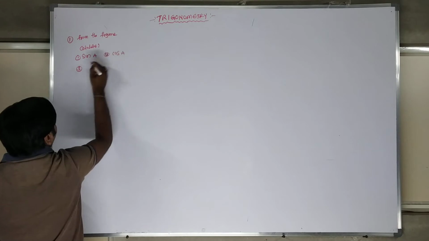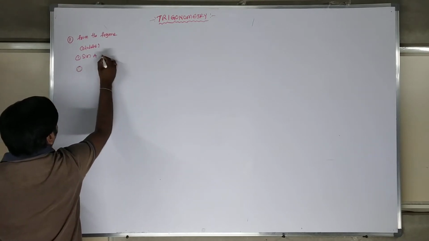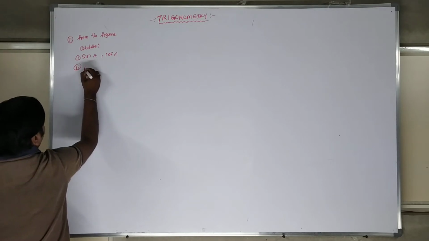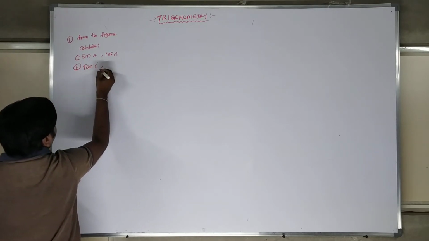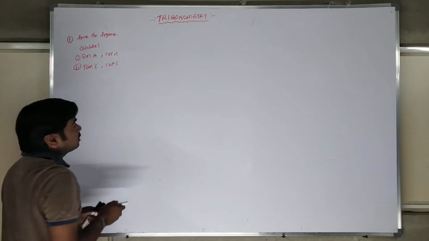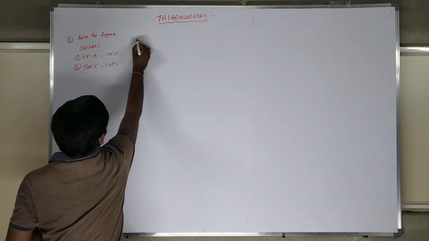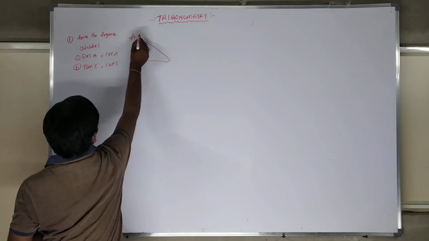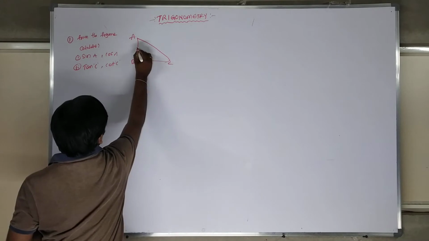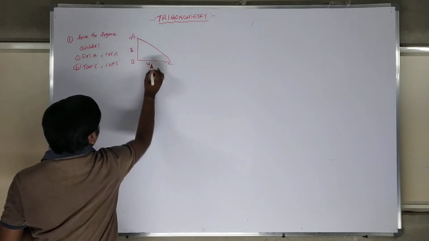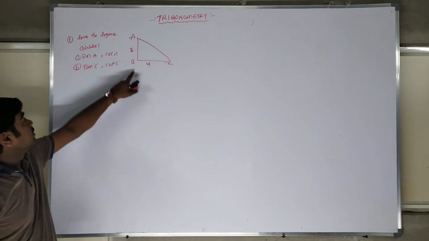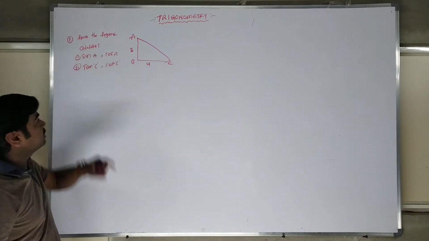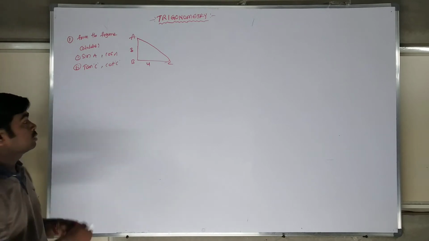The second bit is tan C and cot C. What is the question? This is the figure with A and B, and this is the information they mentioned. So, from the following figure, calculate sin A and cos A, tan C and cot C. So this is question number 1.